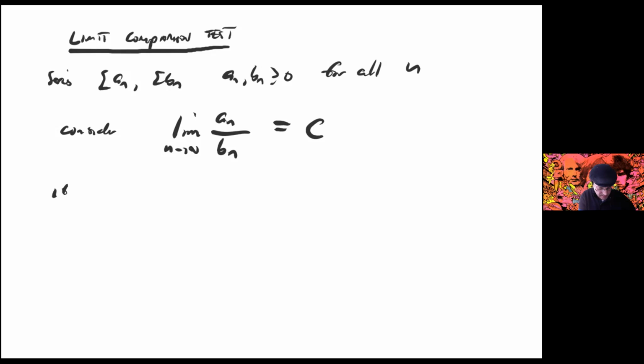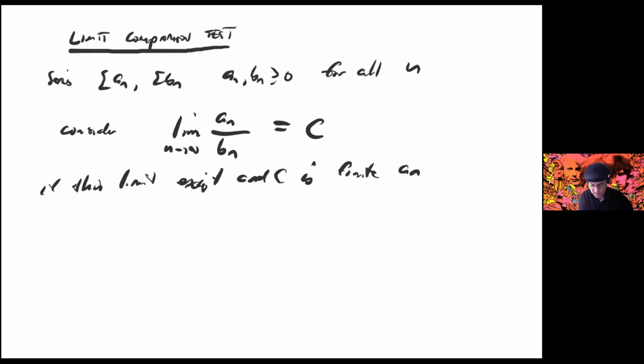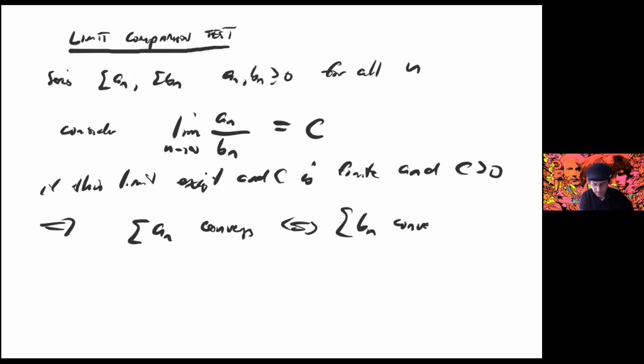So if this limit exists and c is finite and c is strictly greater than 0, then summation a sub n converges if and only if summation b sub n converges.